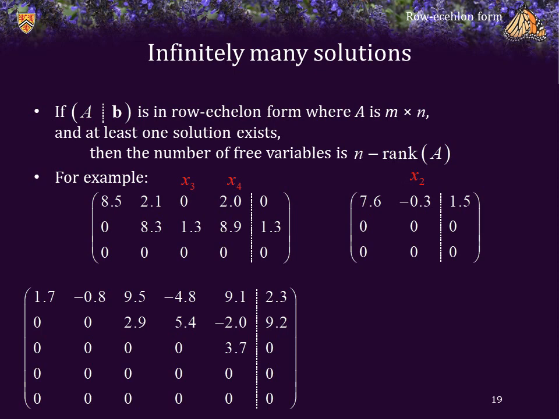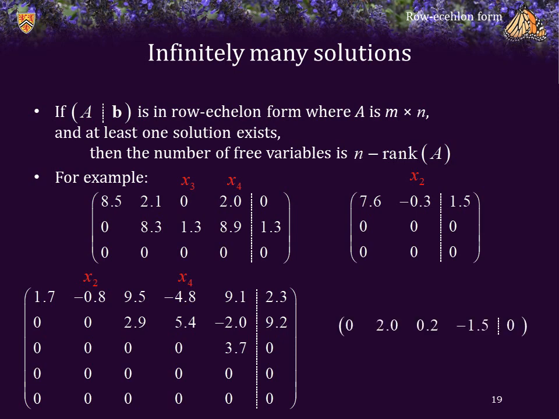We will associate a free variable with the unknown corresponding to each column that does not have a leading non-zero entry. Well, the leading non-zero entries are 1.7 in column 1, 2.9 in column 3, and 3.7 in column 5. Thus, x2 will be a free variable, and x4 will be a free variable.